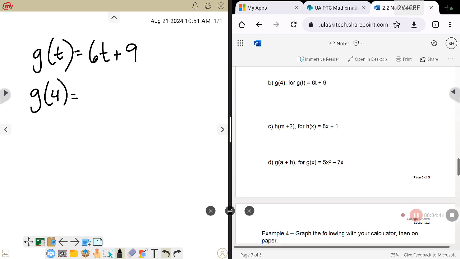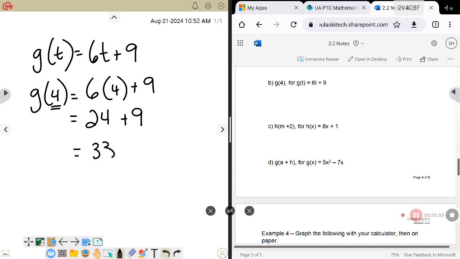So that means I'm going to replace the t in this function with what's in that parentheses, which is a 4. So I'll have 6 times 4 plus 9. 6 times 4 gives me 24 plus 9. 24 plus 9 gives me 33. So g of 4 equals 33.